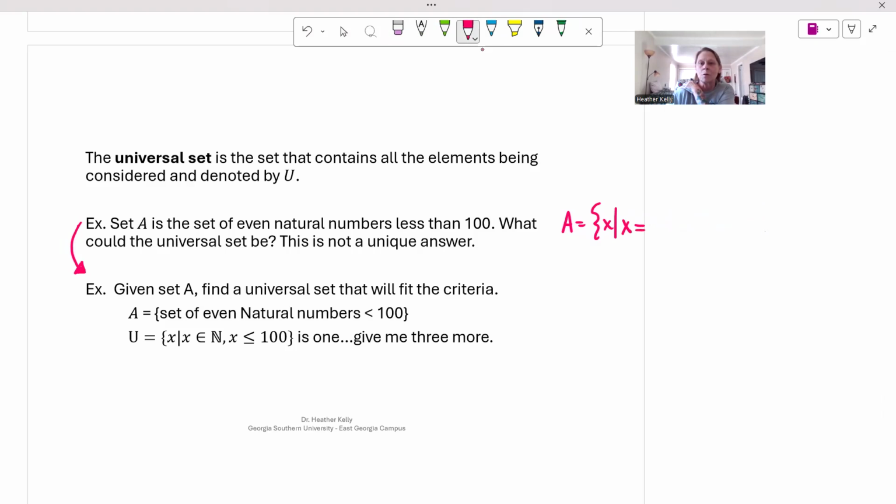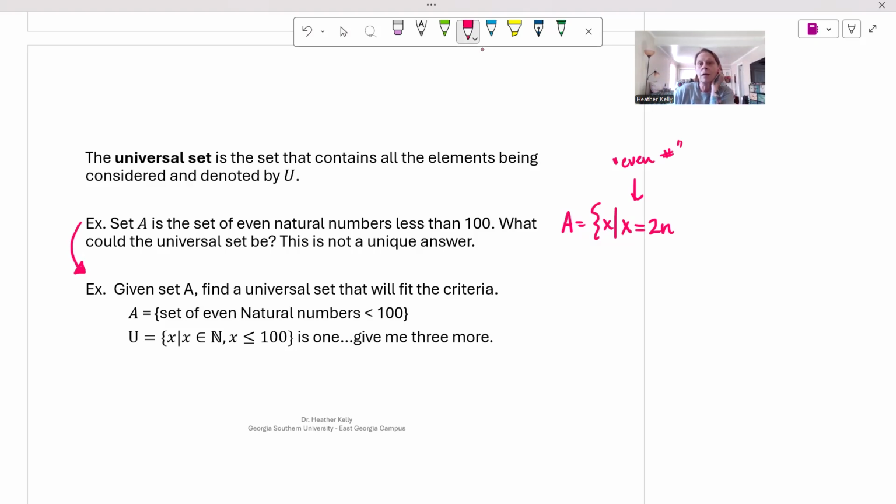X is equal to 2n. This part makes it an even number. It has to be a different variable because remember, now we're going to be counting through to get those different elements. Remember that the set is kind of like a sequence.